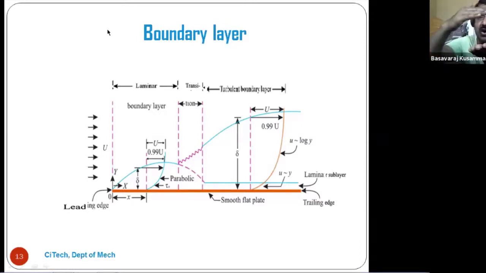As the distance moves on perpendicular to the plate, the velocity goes on increasing and the viscosity goes on decreasing, until the velocity approaches the mainstream velocity. So this distance is called the boundary layer thickness, understand?